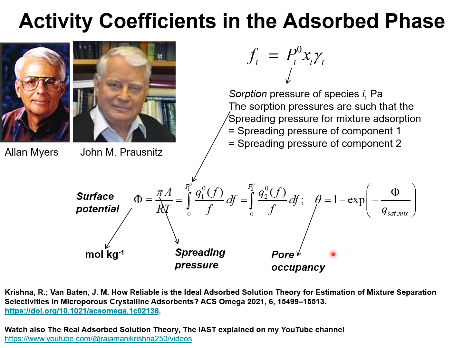And if we define the pore occupancy as theta, then the pore occupancy is related to the surface potential by this expression, where q sub sat mixture is the saturation capacity of the mixture. So the surface potential also serves as a proxy for the pore occupancy.